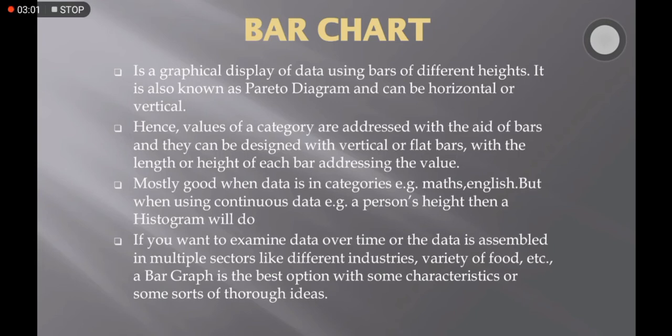It is mostly good when data is in categories, for example, Maths, English, but when using continuous data, like a person's height, then a histogram will do. That simply means that a bar chart is preferably used for discrete data, that is, data without continuous information like height.